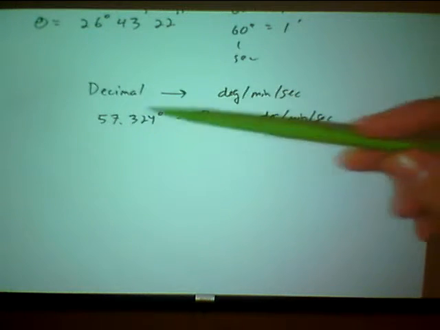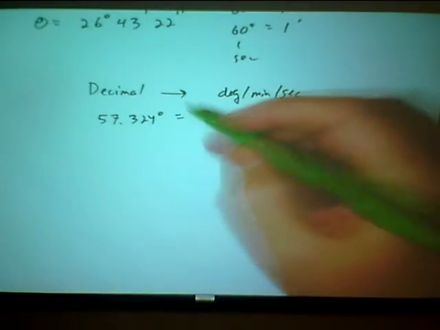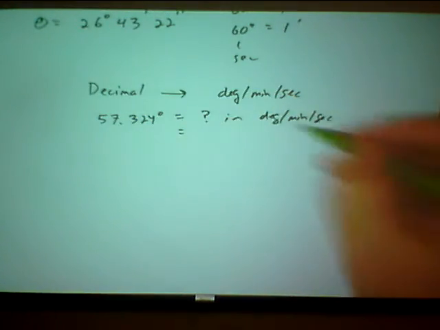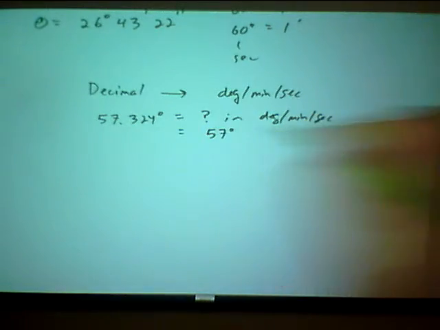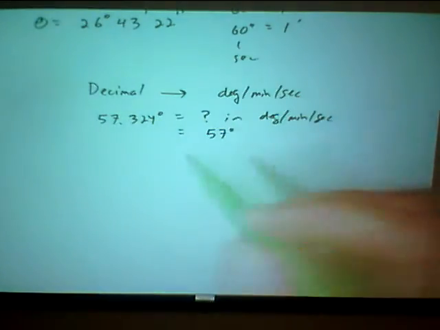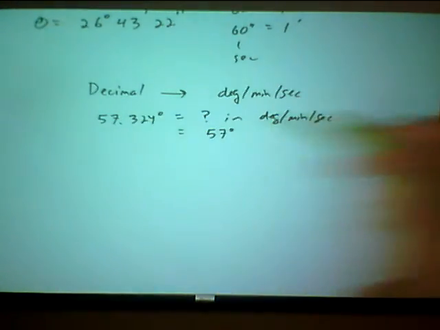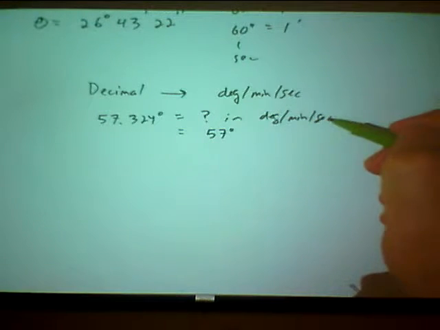Now hopefully you realize when you look at this, when I finally get my answer in degrees, minutes, and seconds, it's going to be 57 degrees. And what is happening is the 0.324 is what I'm going to have to somehow figure out what that equals in minutes and seconds.